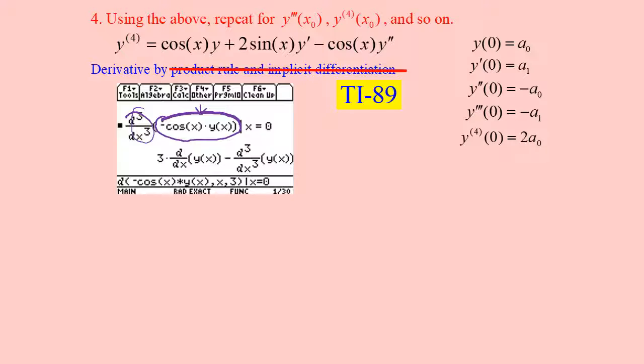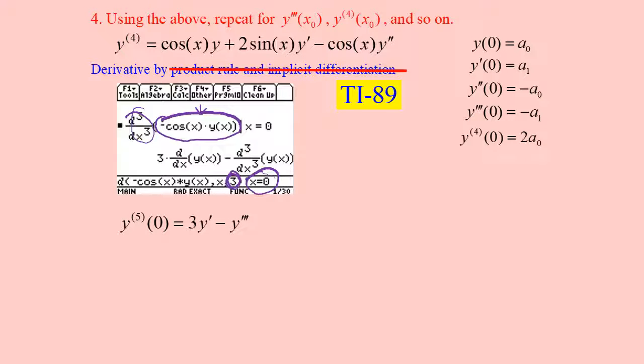That gets us our fifth derivative. So here's how we go about typing that. Now the 3 right here after the x is what tells it we want the third derivative. Now this is just where we're expanding about x equals 0. So we're doing the third derivative at x equals 0.